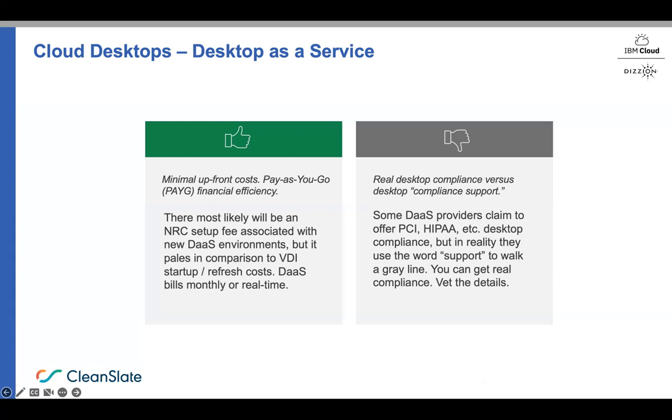So they support you, but may not cover all of that. So when you're looking at DaaS providers, ask what that RACI is. What are you covering for me? What are you taking off my hands versus what not?